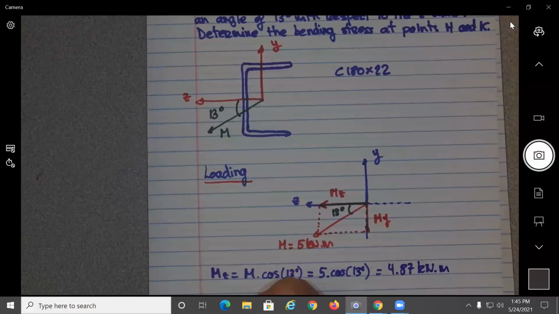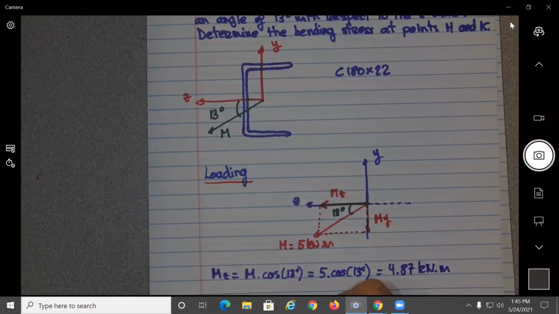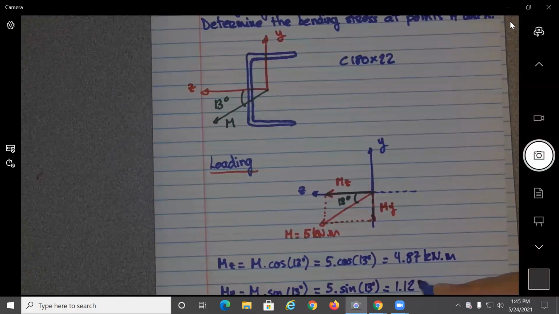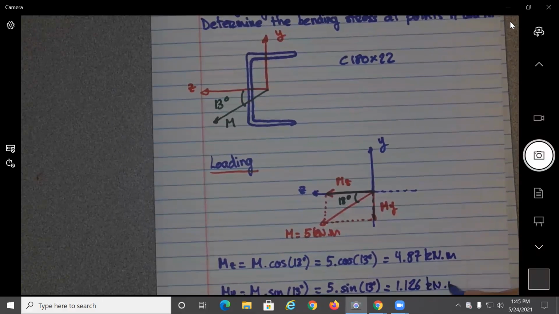And the M of y will be equal to what? M sine 13, which will be 5 times sine 13 degrees, which will give us 1.126 kilonewton meters.